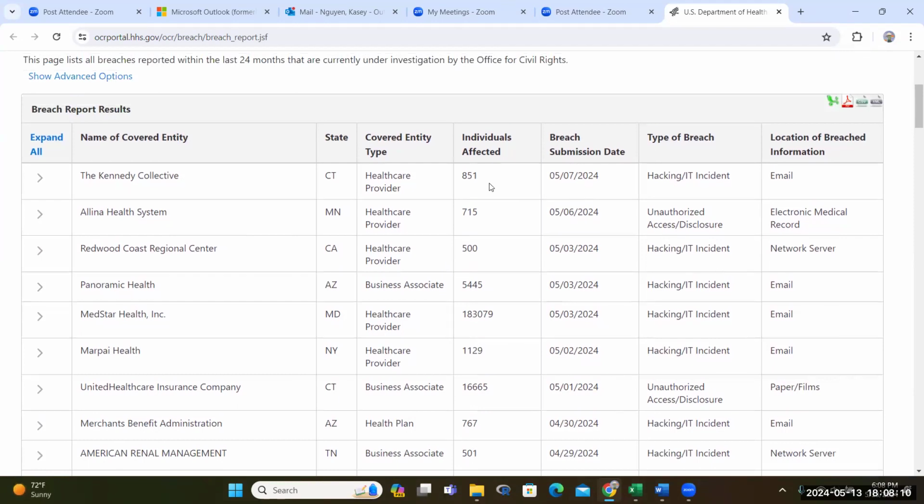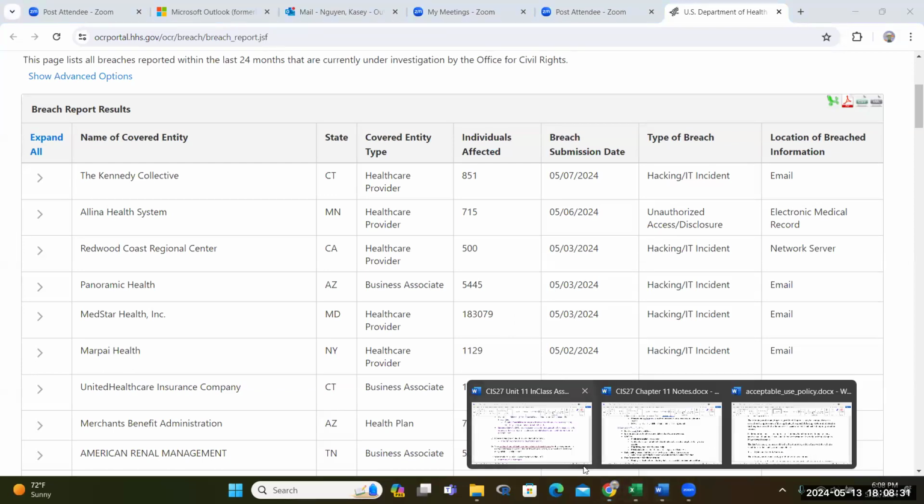And it is data related, protected data related, right? So these are healthcare providers. And it would list the individuals that are affected at a certain facility. And some you can see are larger than others. So the task for this is to visit the site.